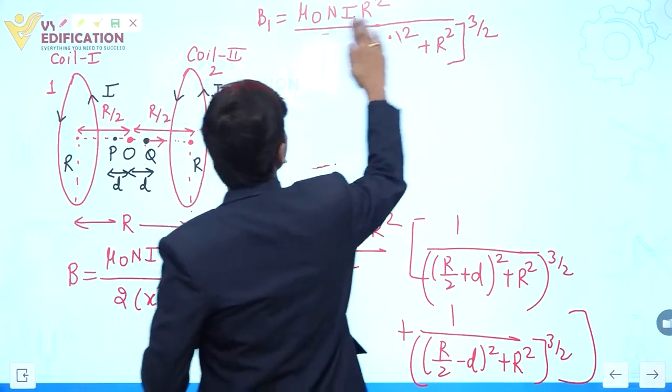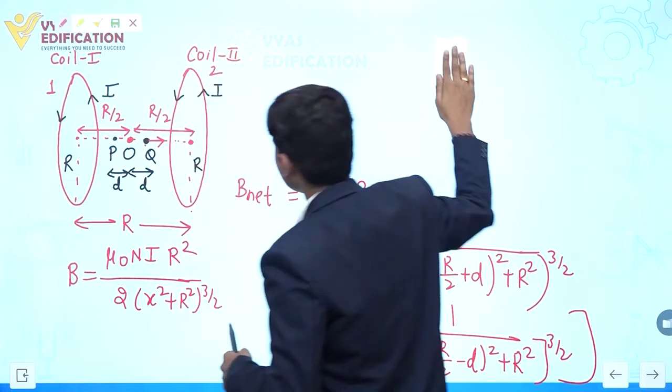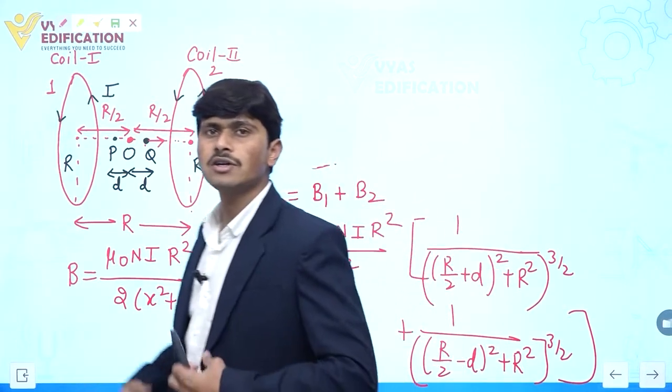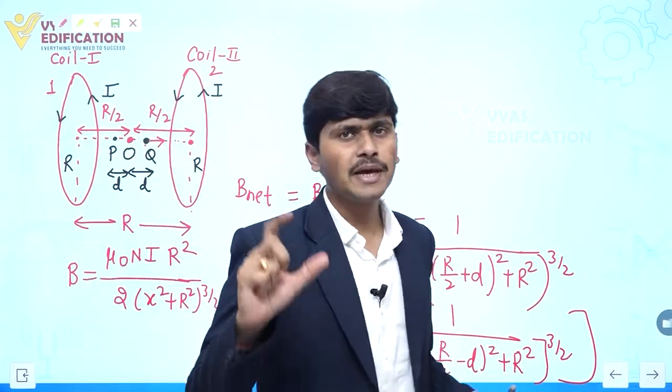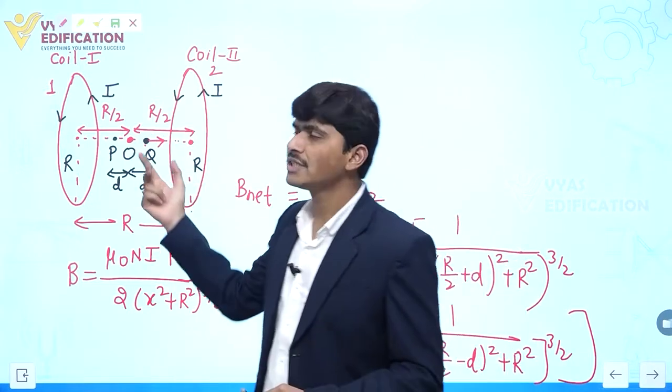Now we have to simplify both the equations, and we can easily get the value of magnetic field very close to this midpoint.